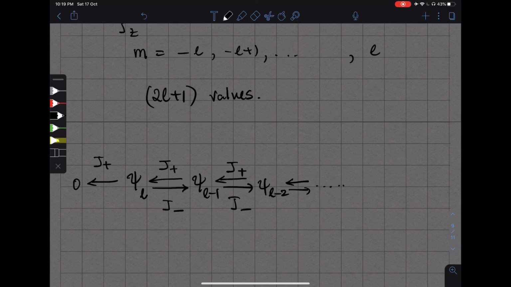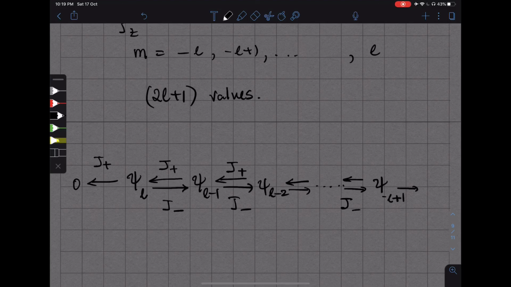And at some point on the ladder, I will hit a state whose Jz eigenvalue will be minus L plus 1.